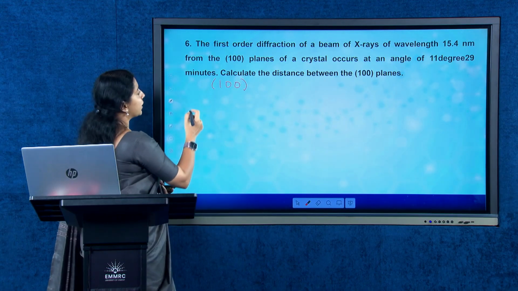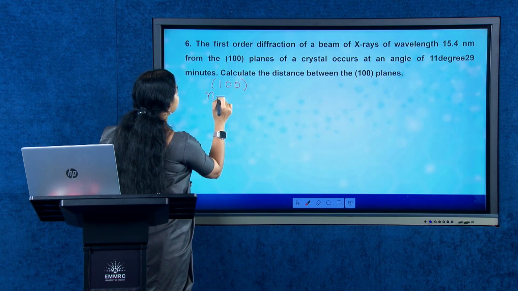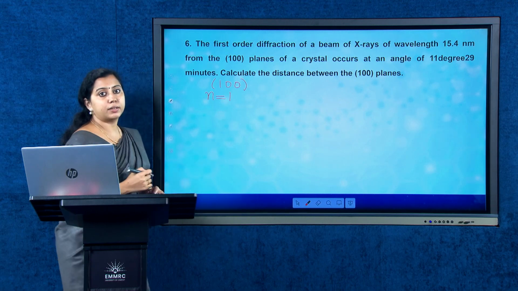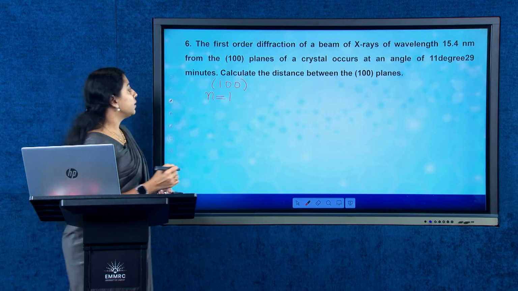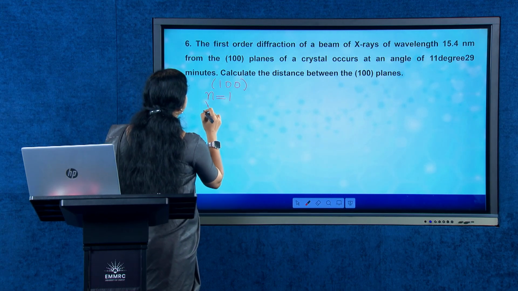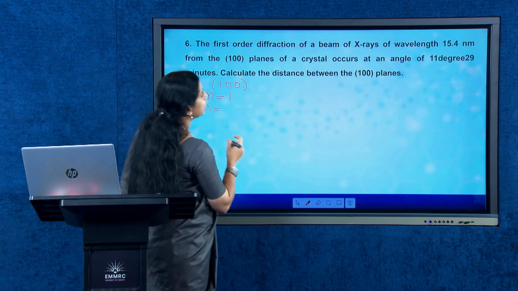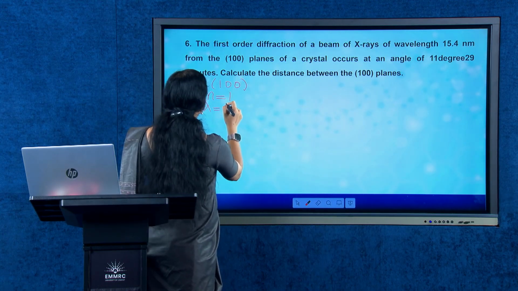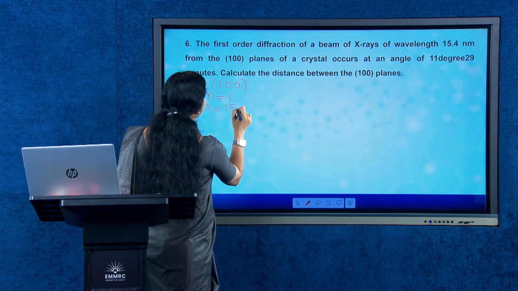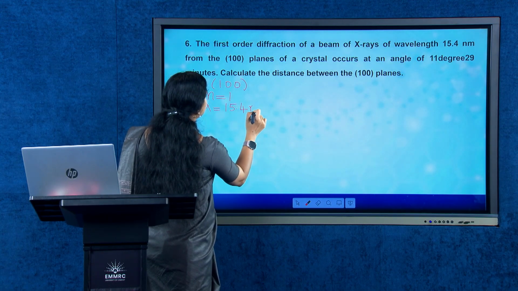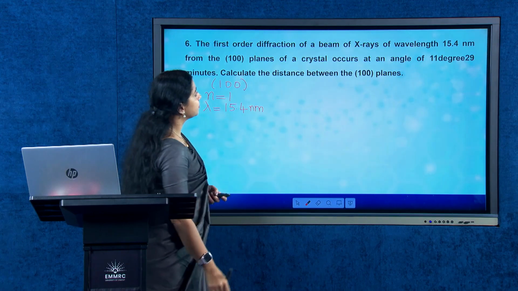It is a first order diffraction, so we have the value of n is equal to 1. The wavelength of the X-rays is given, so lambda is equal to 15.4 nanometers.